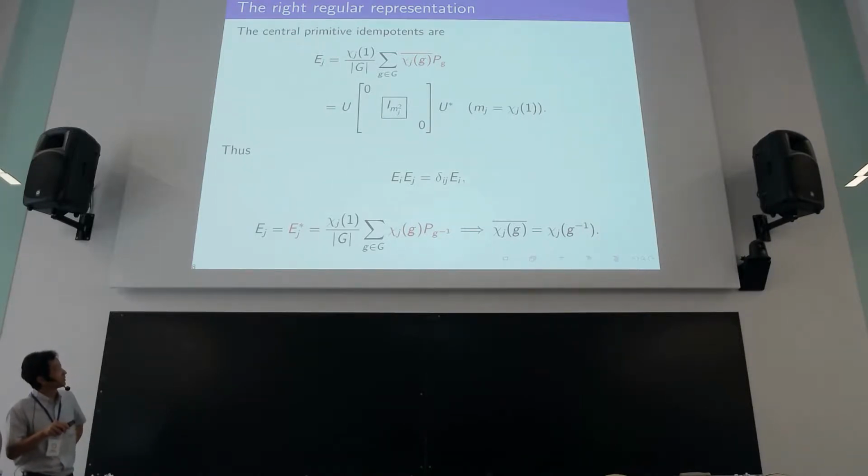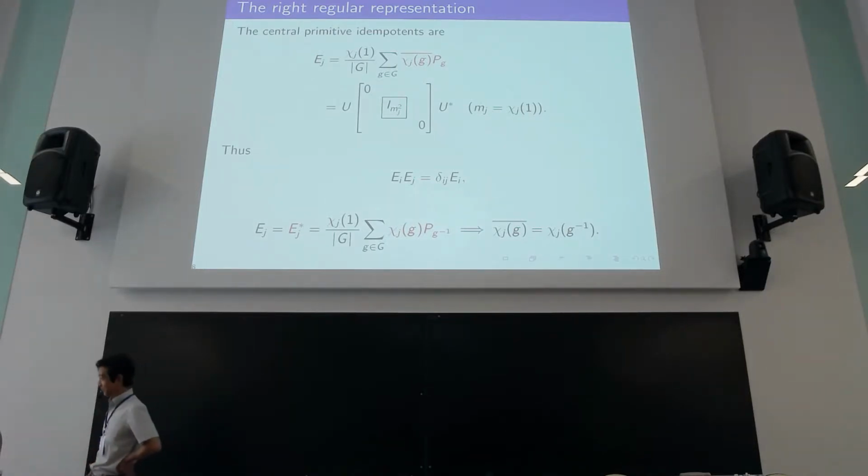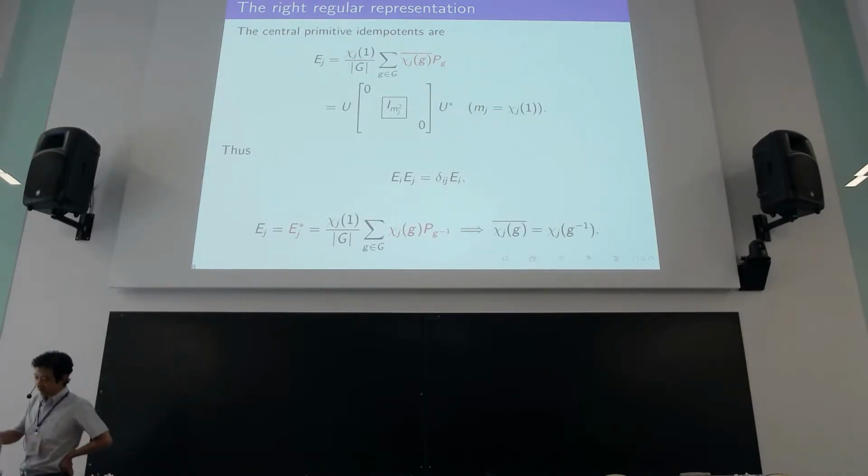Then you get the same expression, but differently looking coefficients. But then the coefficients have to be the same, so chi j of g bar is equal to chi j of g inverse. And this holds for an arbitrary irreducible character. Well, of course, if you are familiar with the representation theory of finite groups, it is well known that every finite dimensional representation is equivalent to a unitary representation, and then this is immediate from that.